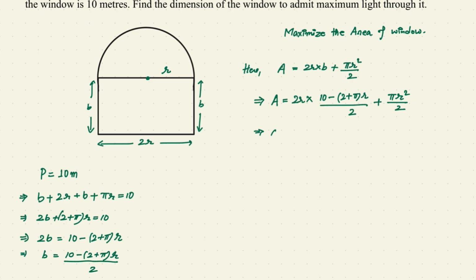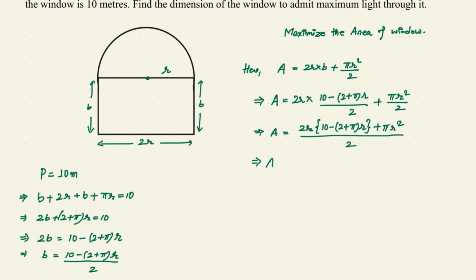So let us take the LCM here, which will be 2, and we will get 2r into (10 minus (2 plus pi) r) plus pi r square.